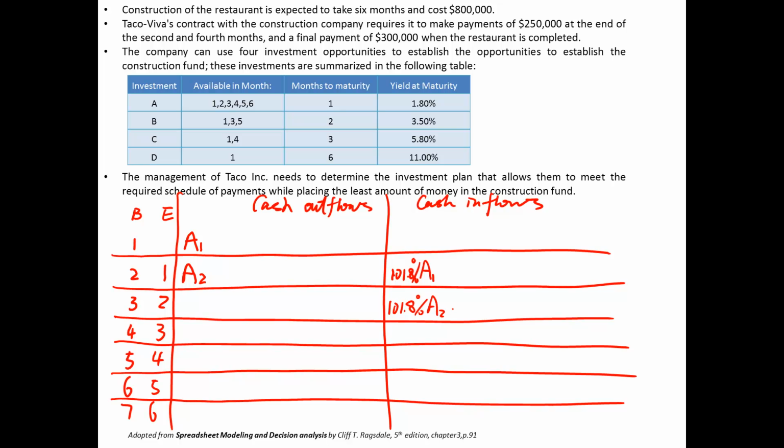Then we can do the same for A in all the months, up to A6. We're not going to invest after that because it's the end of month 6 already. And here will be 1.8%.